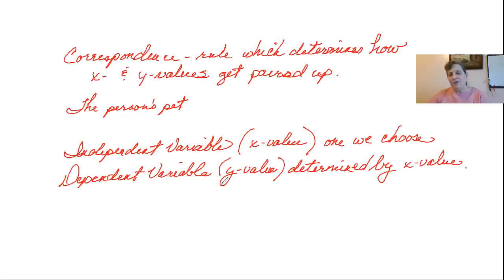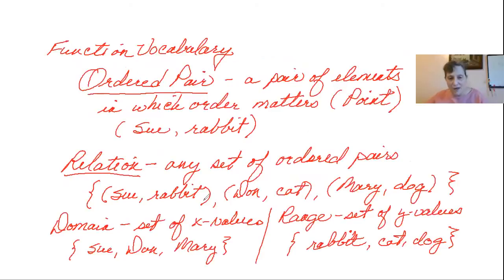Which pet gets put in the second position is determined by who we put in the first position. So if we look back at the other set, Sue has a rabbit. So if we choose Sue, the second thing has to be rabbit. Don's got a cat, and Mary has a dog.